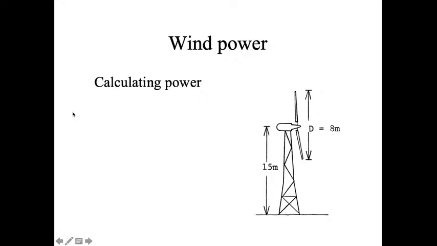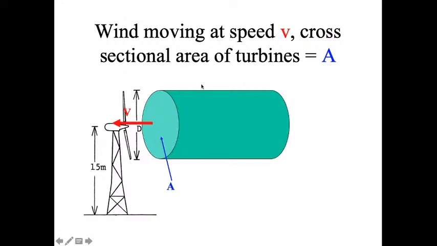So wind power, it's just air flowing through a turbine. Here's an example of how we can calculate it. We want to find the cross-sectional area of the turbine because that's what's being affected by the wind.